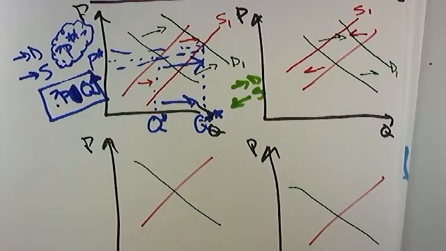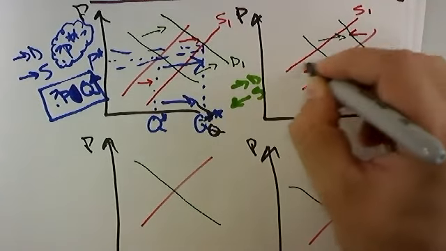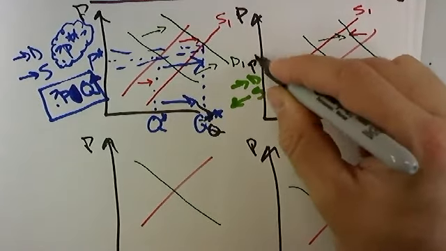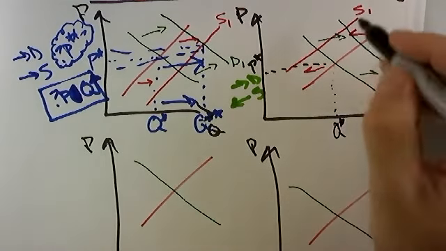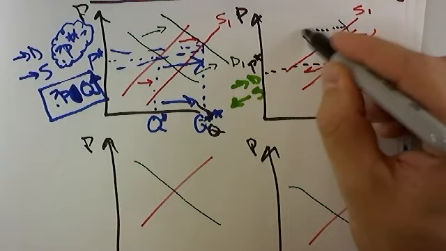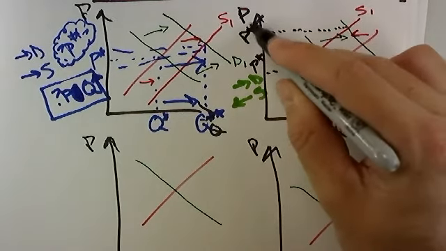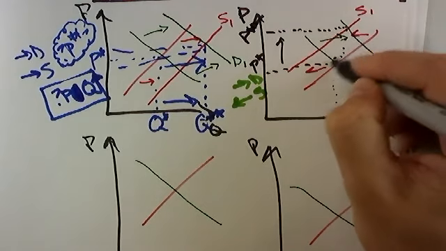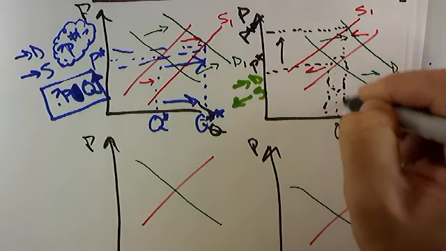Our old equilibrium would start out right here. Our new equilibrium, we would know for sure has a higher price. We really don't know what's going on with the quantity, right? It could be lower, it could be higher.